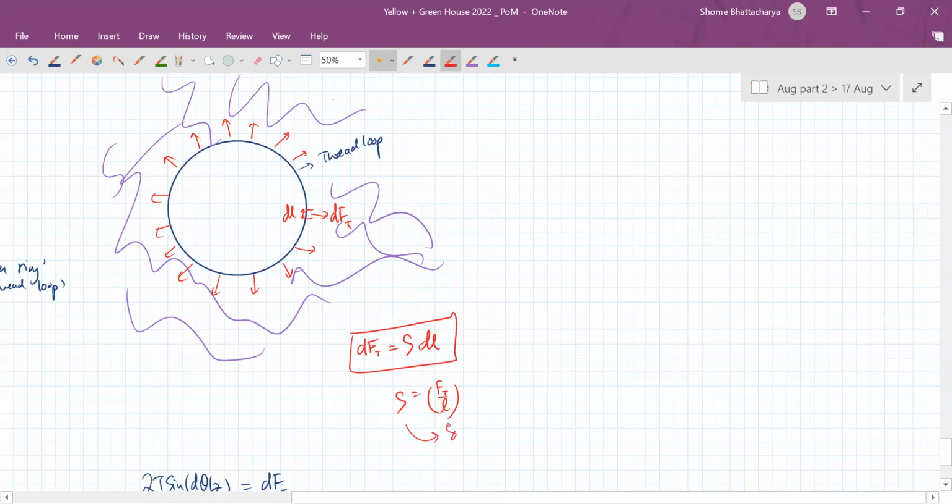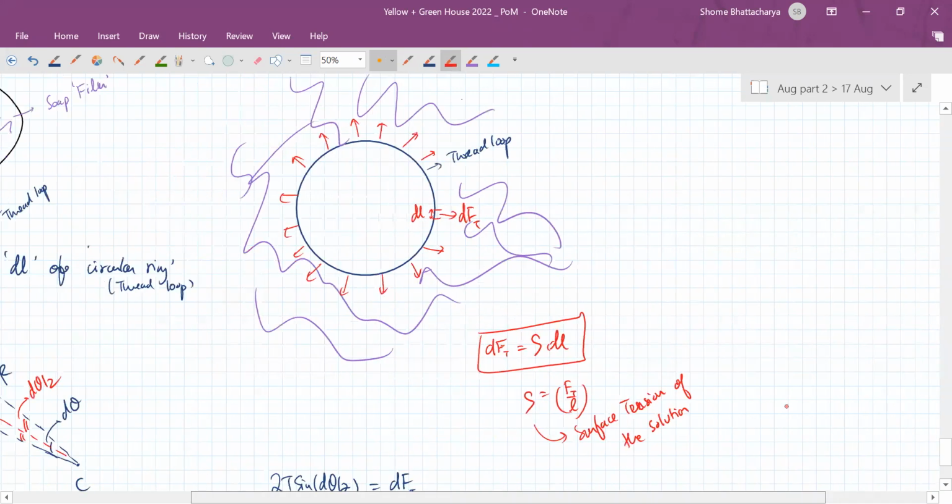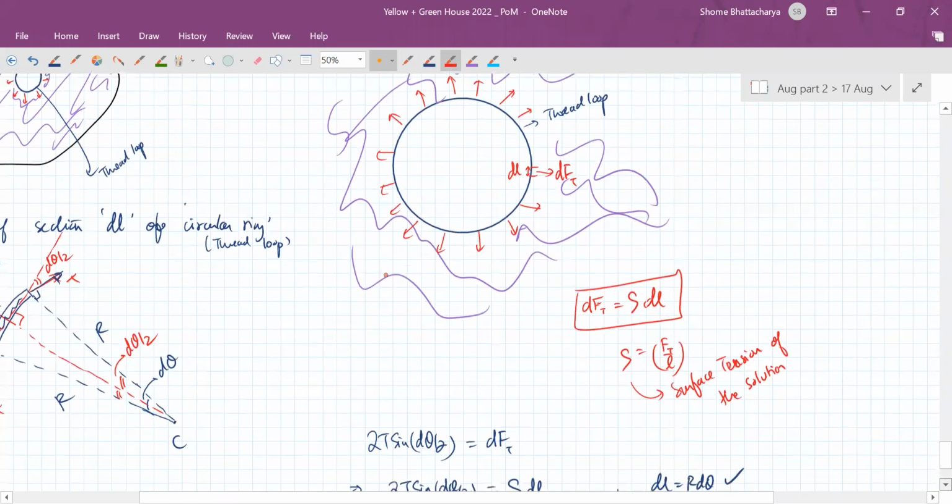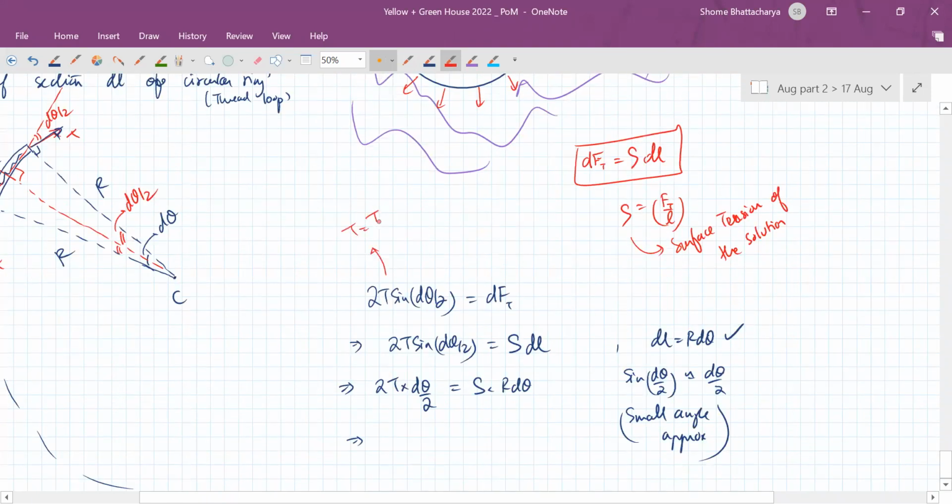So S is the surface tension of the solution, whereas T is tension in the wire. So over here T is the tension in the, not the wire, rather the thread, the tension developed in that.